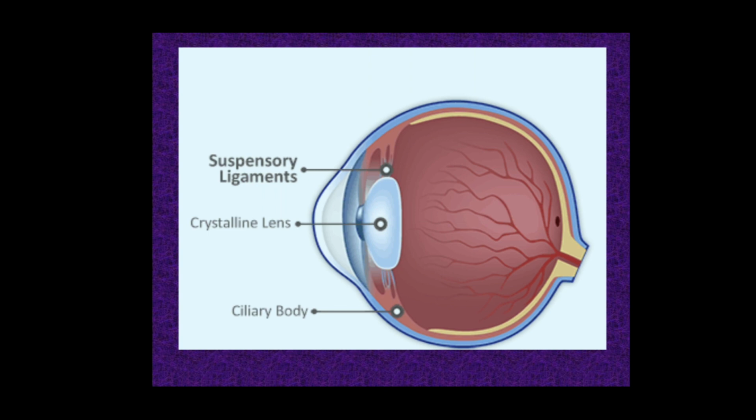Both structures, the suspensory ligament and ciliary body, together hold the lens in position. So when the lens alters its curvature, both the suspensory ligaments and ciliary body help it to do so.